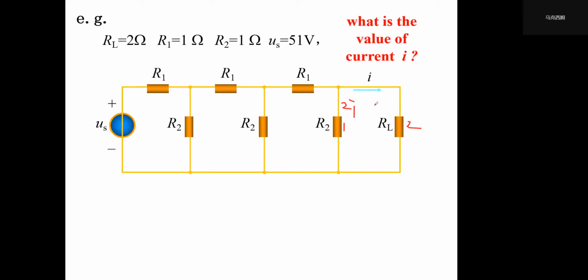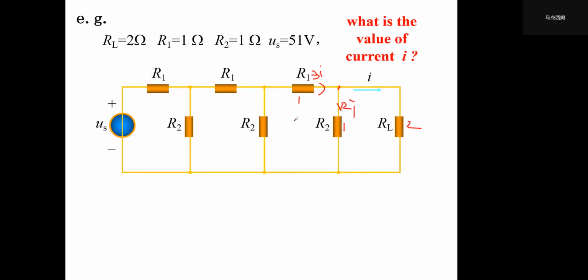And see, this one is 1 ohm, and this node has 3I current going out, so this one must have 3I current going in, right?